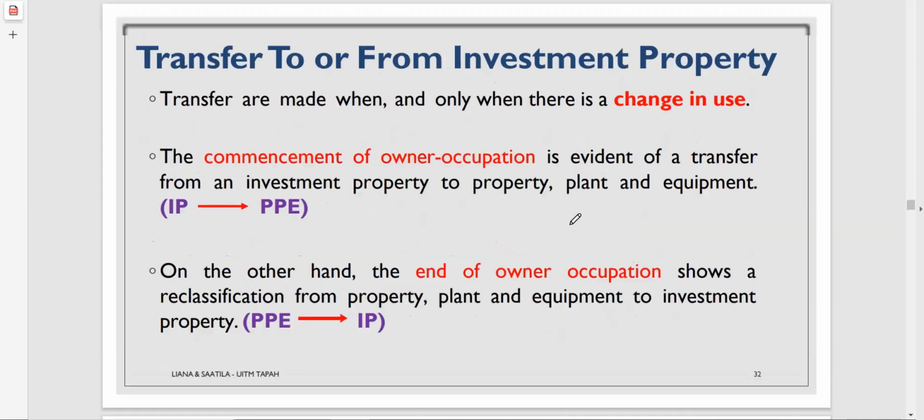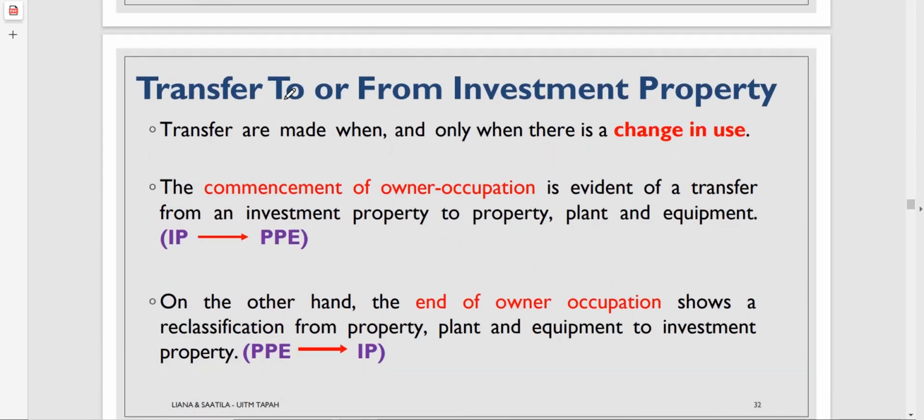So let us look at transfer in detail now. Transfer to or from investment property will take place, or is made, when and only when there is a change in use. So on the date of transfer, there will be a change in use, let's say from a rented building that you transfer to become an admin building.